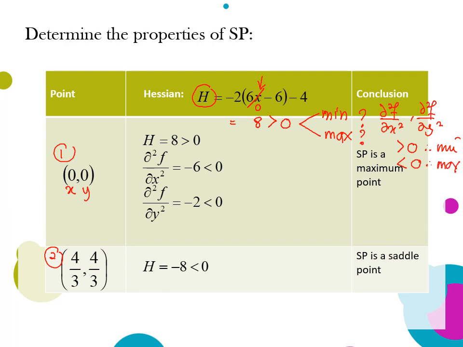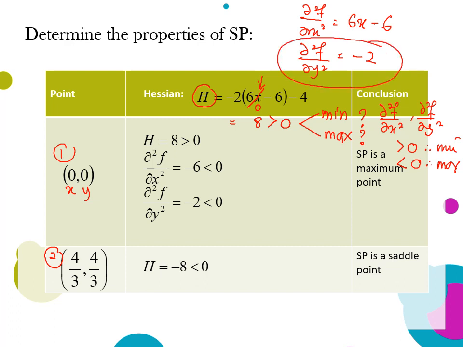So let us check. Just now we got del squared f del x squared is equal to 6x minus 6, and we already got for del squared f del y squared which is equal to minus 2. So this one you don't need to do any substitution, because it is already a constant which is negative 2, and negative 2 is less than 0, isn't it?